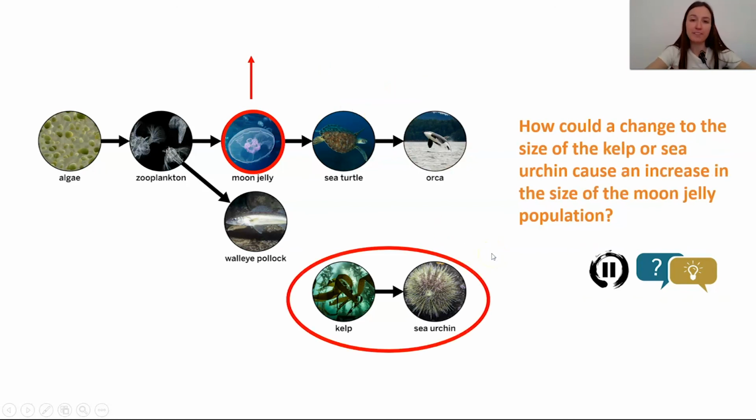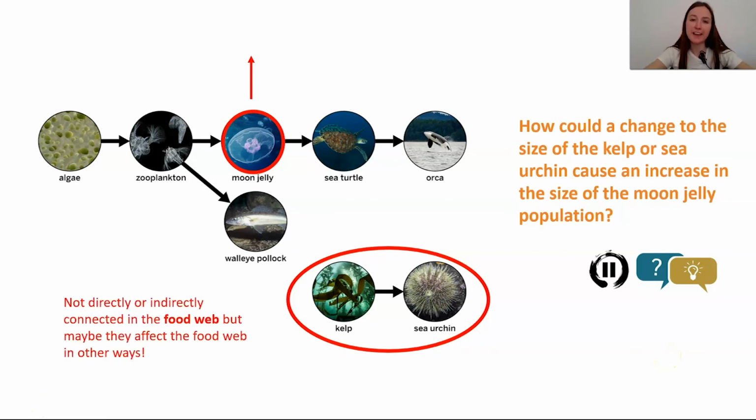The last part of our food web is not actually connected in any way. The kelp and the sea urchin are not consumer or resource populations of anything else. Can you think of any ways that they might have still affected the moon jelly populations?